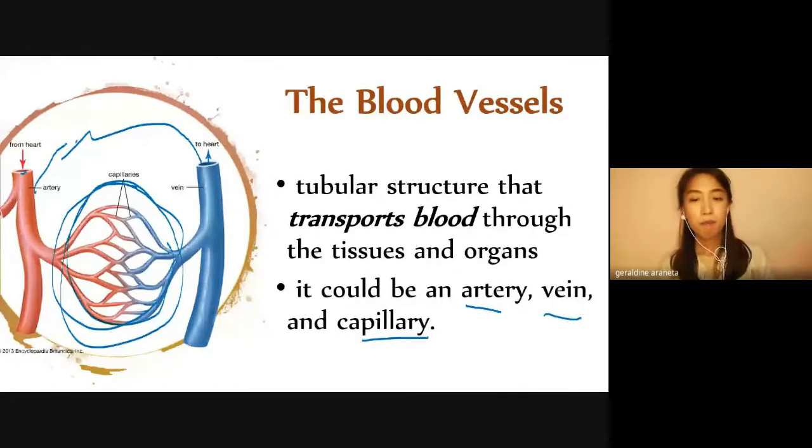So, kapag nagkaroon tayo, halimbawa, nahiwa tayo dito, nasugatan tayo, blood will flow. So, it is because yung capillaries or yung blood vessels natin sa part na yon ay na-damage. So, ngayon, syempre, dahil dumadaan nga yung blood doon, magpo-flow yung blood.